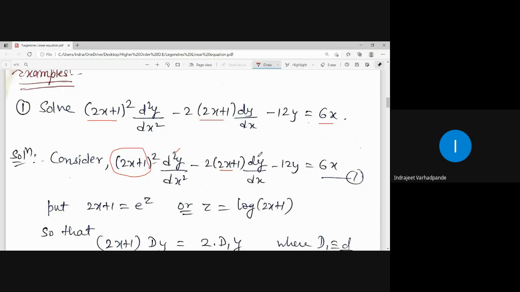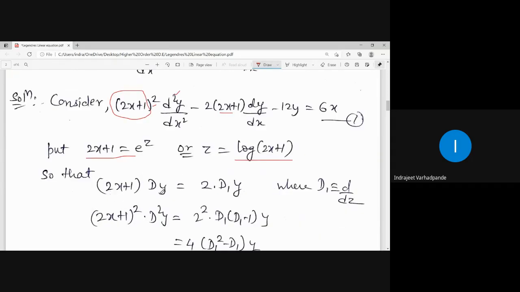So therefore we will be having the simplification as, use the substitution, 2x plus 1 is equal to e to the power z, or z is equal to log of 2x plus 1. Clear? So (2x plus 1) dy will be a into D1 y. So what is a over here? 2, or simply you remember the coefficient of x, whatever it is.